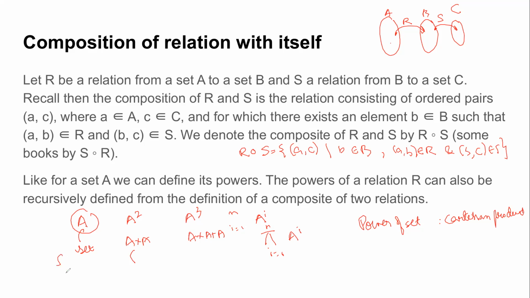A set is a single element, right? So suppose A is {1, 2, 3}. How will the elements of A square look? Very good, (a, b). It will be a pair, right? What about A cube? Very good, it is a triplet, right?